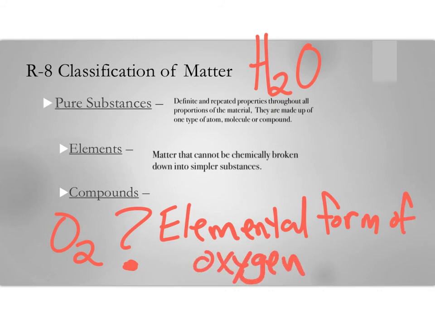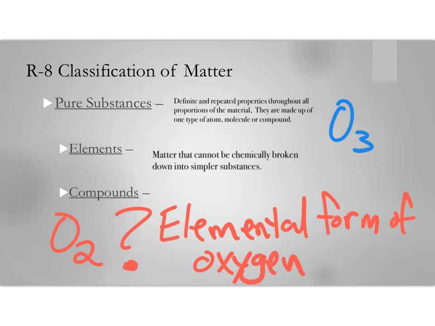All right. But what about O3, which is ozone? The reason O2 is considered the elemental form of the element oxygen is that it is the simplest way that it exists. You cannot have a single oxygen atom. If you have 3 oxygen atoms, that's ozone.